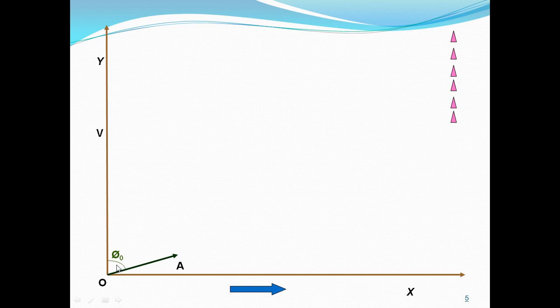Then we have to calculate the short circuit current under normal voltage, that is ISN. With the same current scale, we have to draw a vector OB. This is ISN at an angle of phi s.